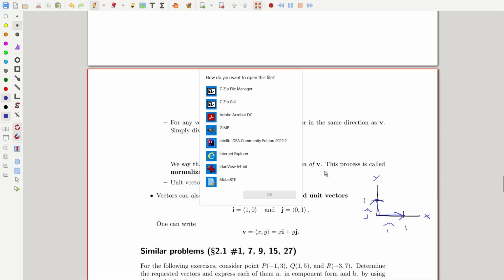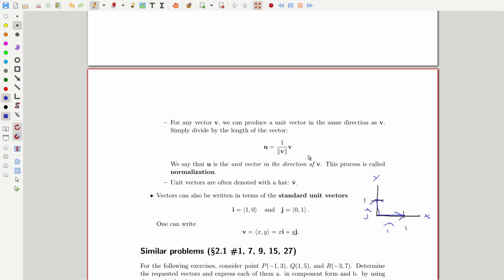Now that we have these vectors, one thing you can do is rewrite all vectors. These basically give you a different notation for vectors. Instead of using the bracket notation, you can write the vectors using i and j, because any vector in space can be constructed in terms of how far it goes in the x direction and how far it goes in the y direction.